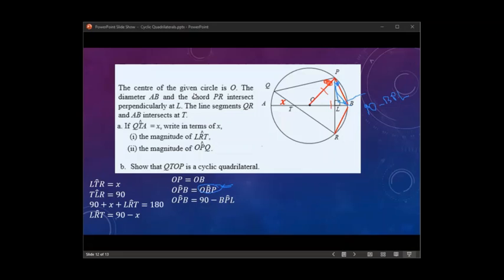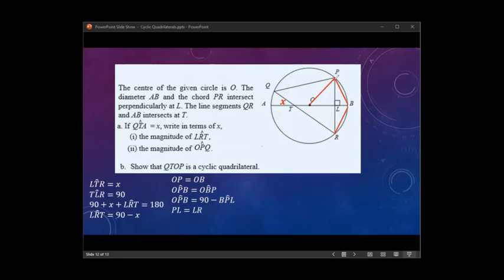Okay, I hope you guys don't have any doubt regarding that. If you have, please ask. So this one is okay now. We can proceed. So PL is equal to LR.